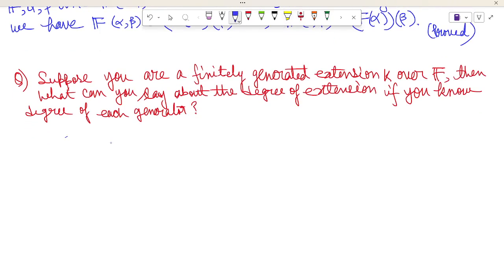So it's not a question. I mean, suppose K is a finitely generated extension. Okay.